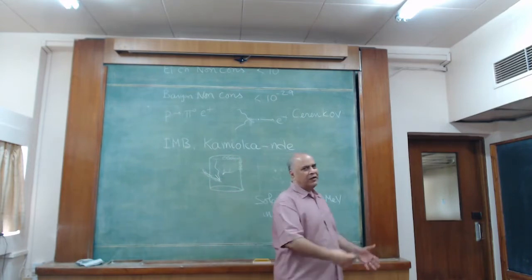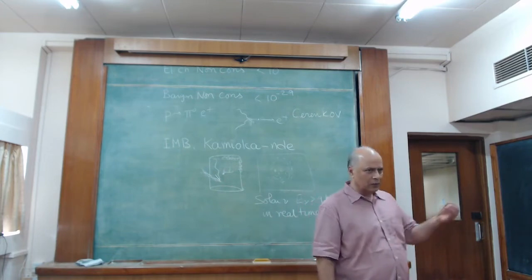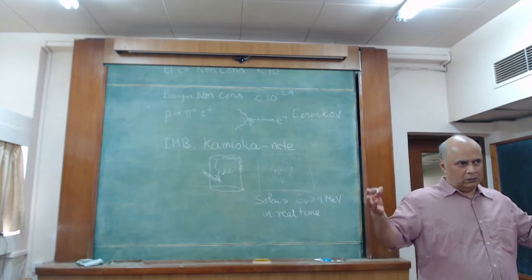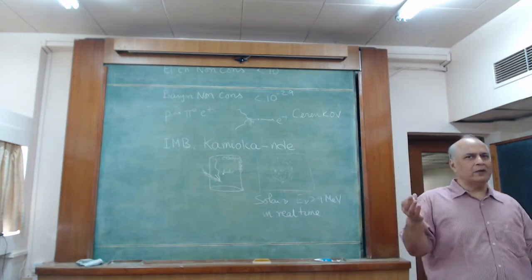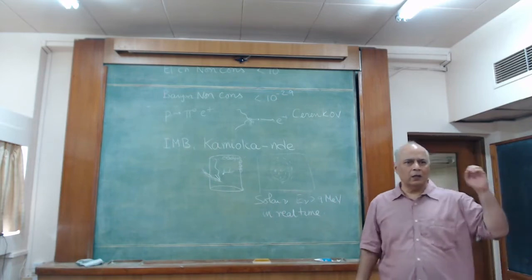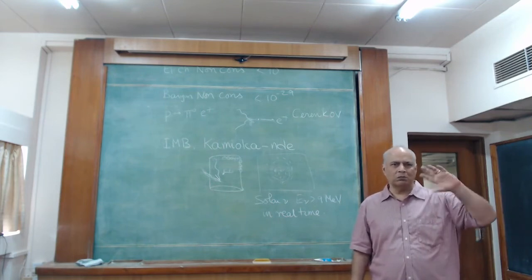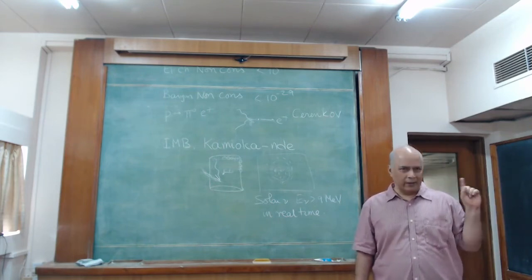Previous detection of solar neutrinos was by the Ray Davis experiment. But the Ray Davis experiment was designed so that a solar neutrino induced reaction takes place at best once a day.